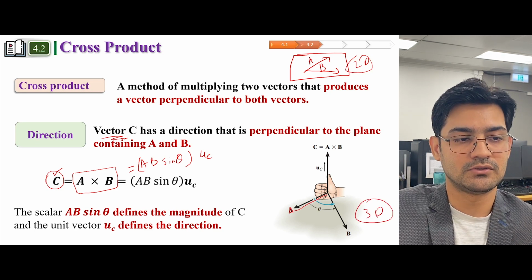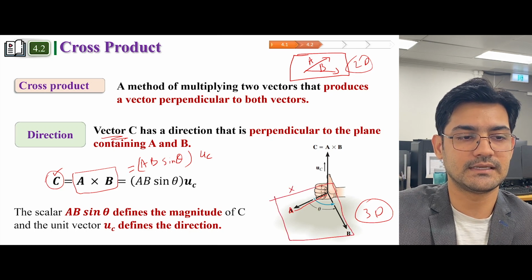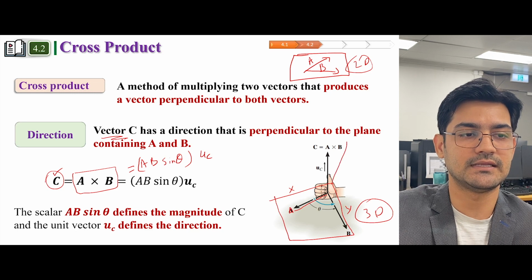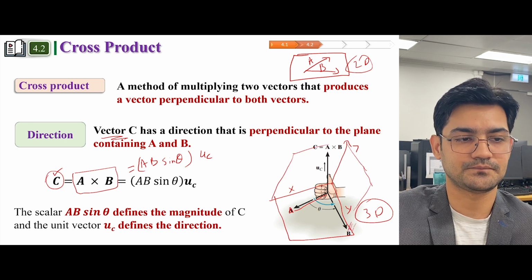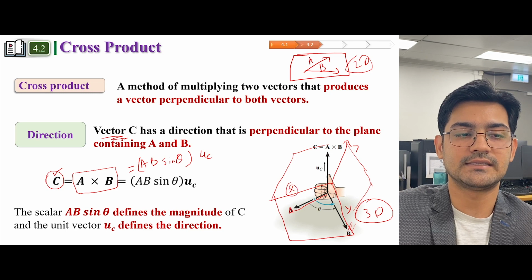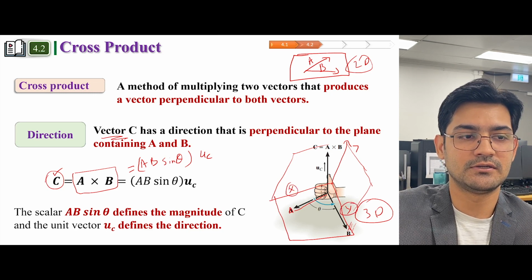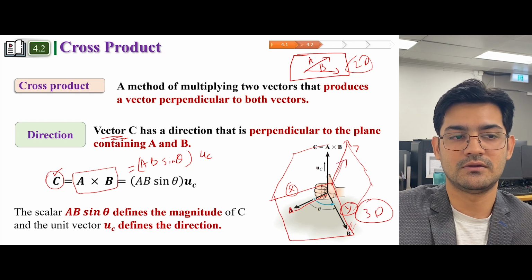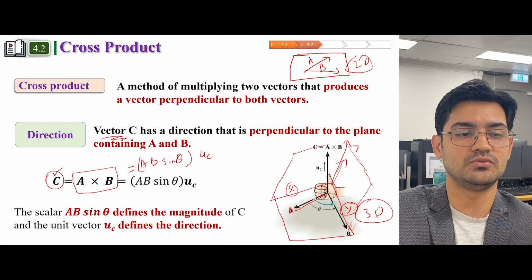Let's say this is a plane, this is the x-axis, this is the y-axis, and this is out of plane, the z-axis. Vectors A and B are on the x-axis and y-axis, but the resultant vector will have a direction in the third axis, which is perpendicular to these two axes.